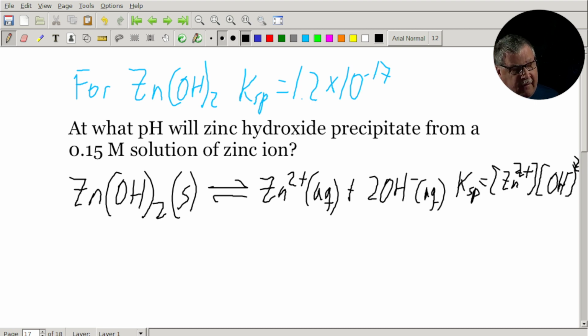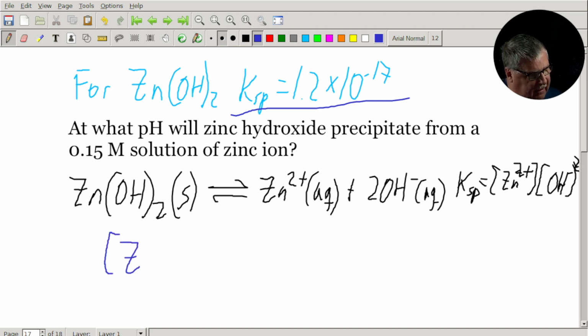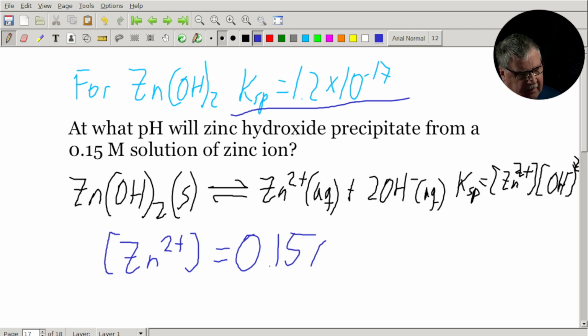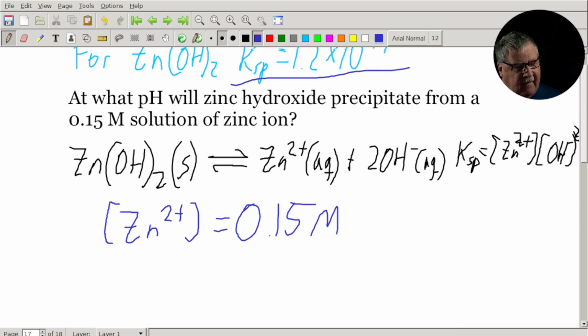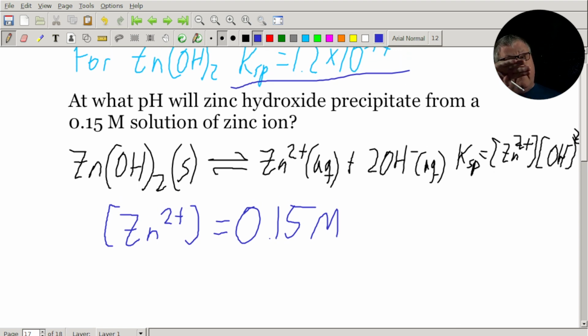What do we know? We know the value of the KSP. It's given to us, or at least we can look it up. And we also know that in this solution, the concentration of zinc ion is 0.15 molar.